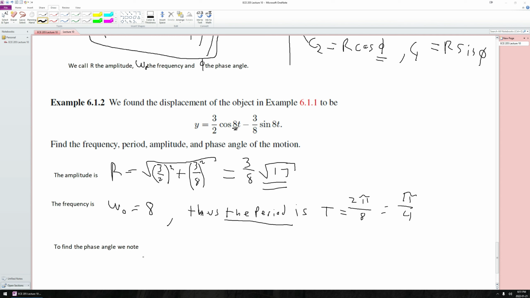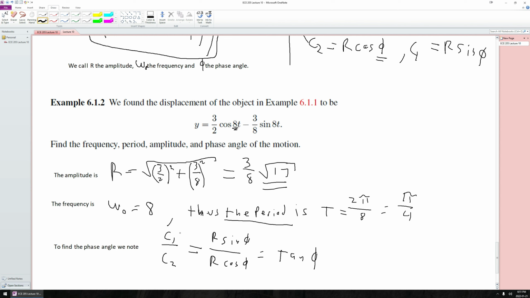Well, if I take my C1 and divide that by my C2, so in this case, those two numbers here, this would simply be equal to what? Well, it's going to be R sine of phi divided by R cosine of phi, and this is just tangent of phi. So from here, if you just pick any of your standard angles for tangent, this gives you another way that you can solve for phi.